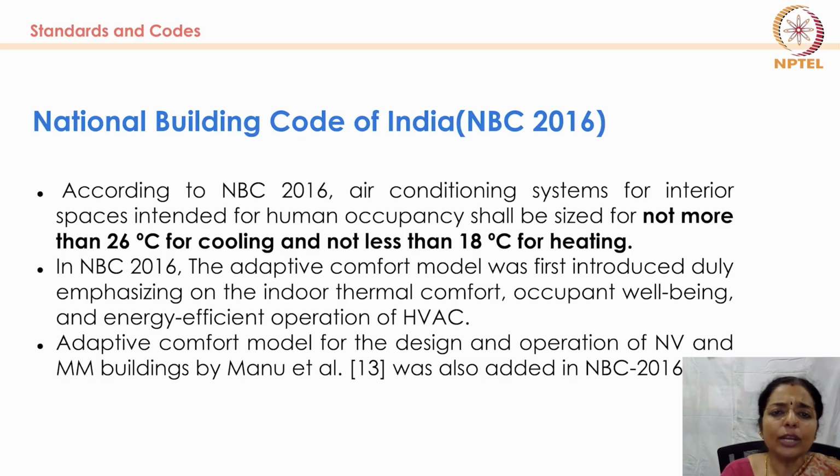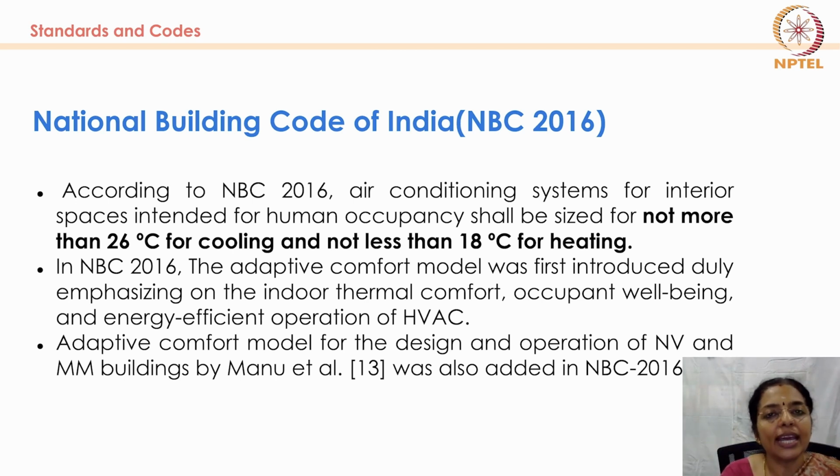Then you have the NBC. According to the National Building Code 2016, air-conditioned systems for interior spaces intended for human occupancy shall be sized for not more than 26 degrees centigrade for cooling and not less than 18 degrees centigrade for heating.